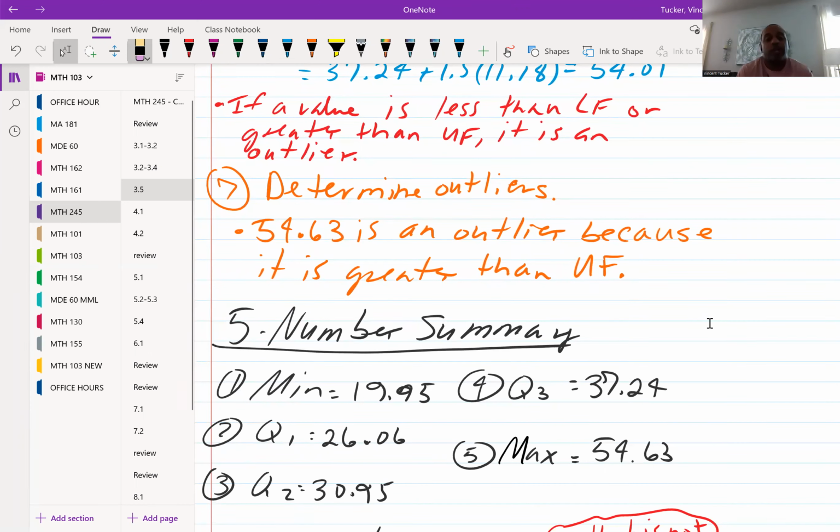So that's your five-number summary: we have our maximum, minimum, Q1, Q2, and Q3. Any problems with the five-number summary?